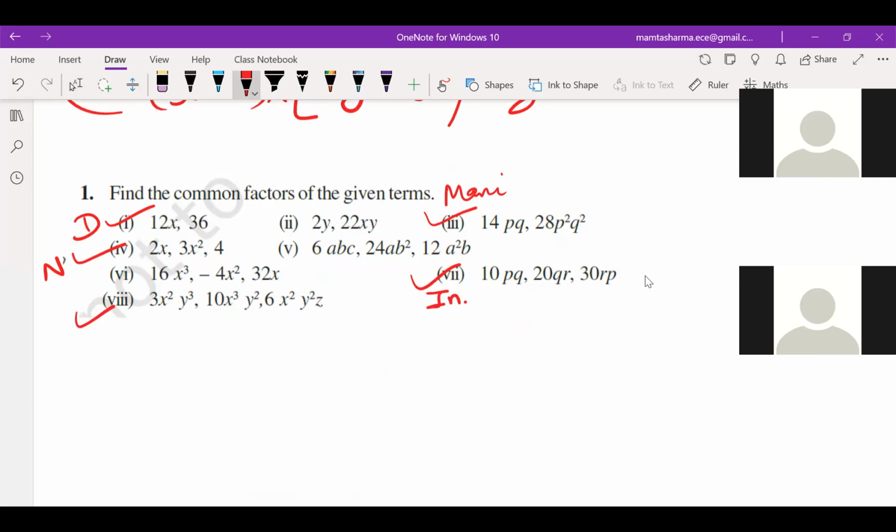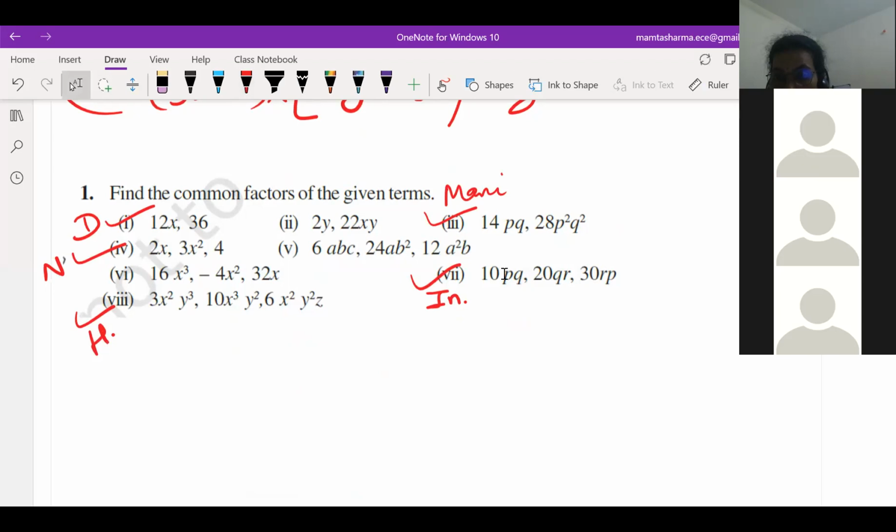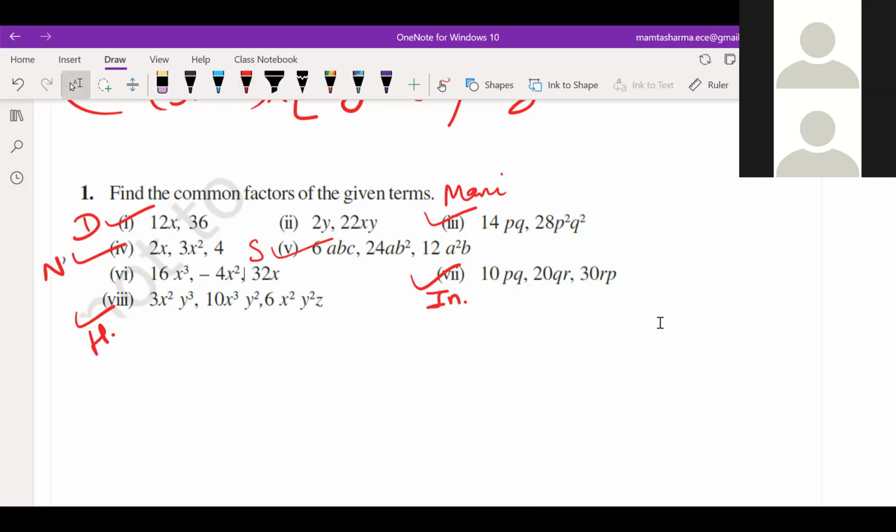Harshita, this is for you. Shubhra, this is for you. Who is still left? Tanvi, this is for you.